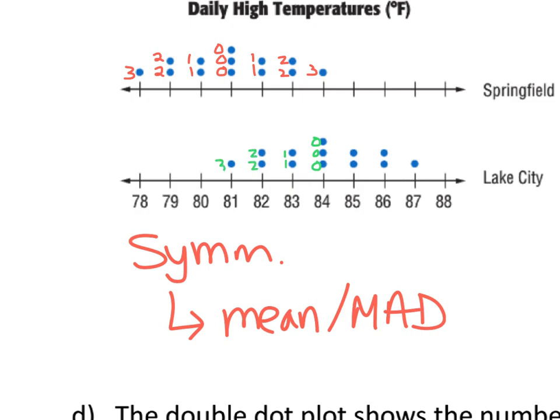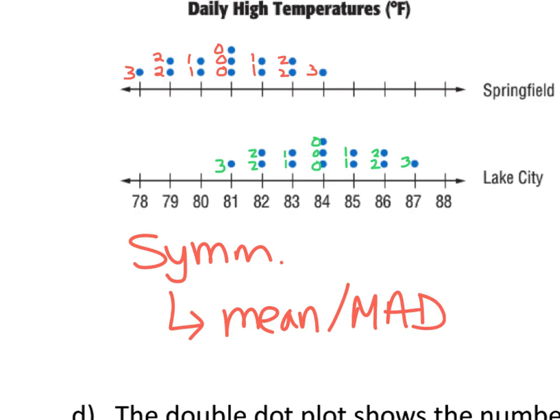And 81 is 3 spaces away. Do the same on the other side. 85 is 1 space away. 86 is 2 spaces away. And 87 is 3 spaces away. What I'm trying to show you here is a little bit of a shortcut way to find the mean absolute deviation, to make it as not confusing as I can.